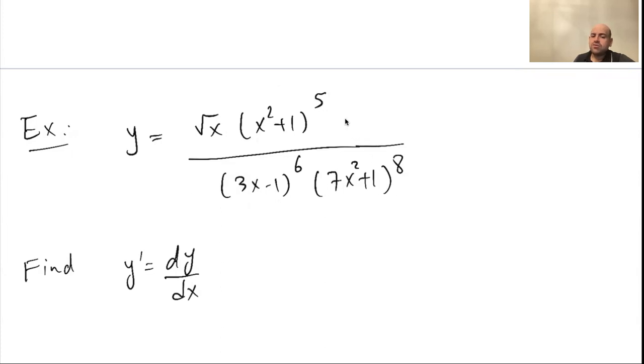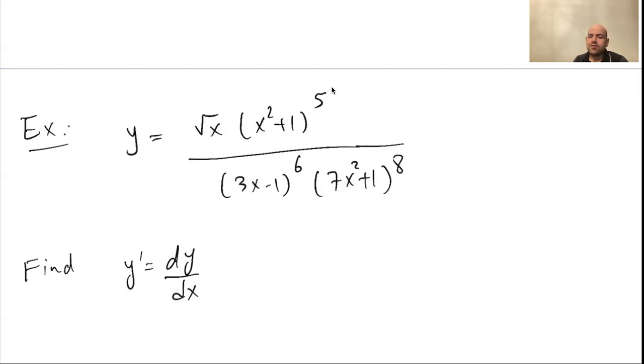And even after you use product rule, you need to, for example, find the derivative of this guy here. And because there is a power here, you have to use the power rule and the chain rule as well, because it's not x to power 5, it's like u to power 5. So you can find y prime without taking logarithm, but it's going to be long.